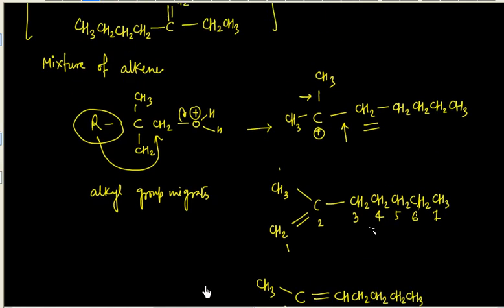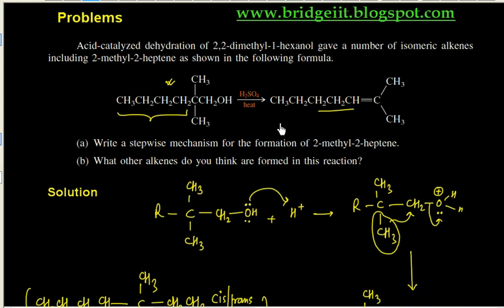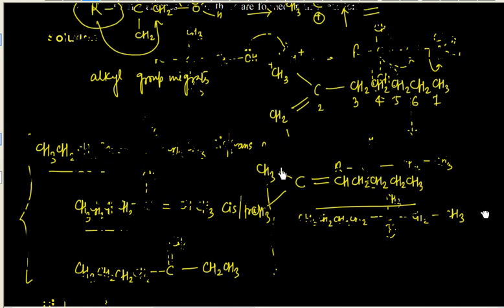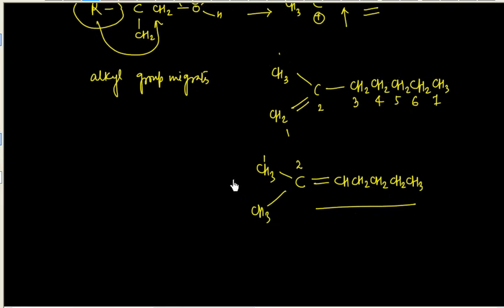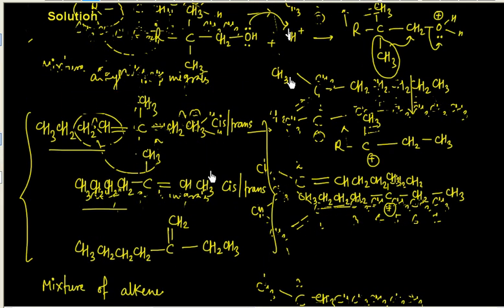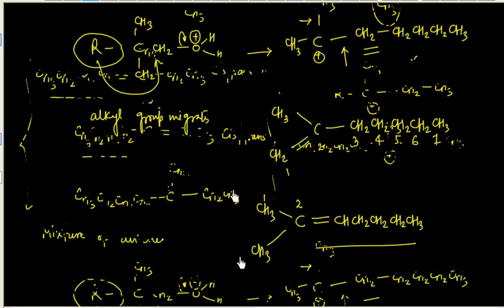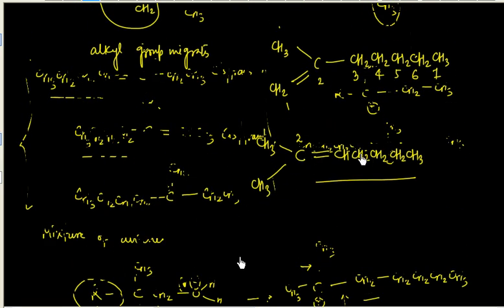So this molecule you will have. Are you getting it? This is not 2,2-dimethyl. This molecule is 2-methyl 2-heptene. So you see, this is 2-methyl and 2-heptene.